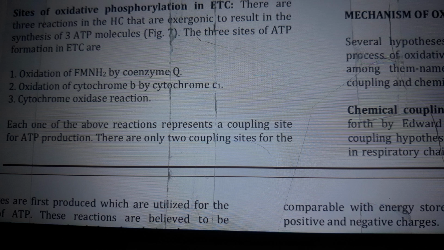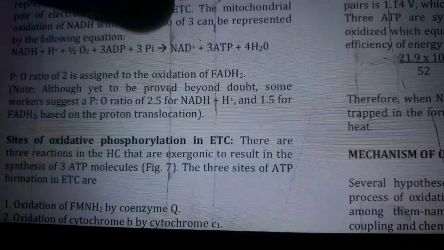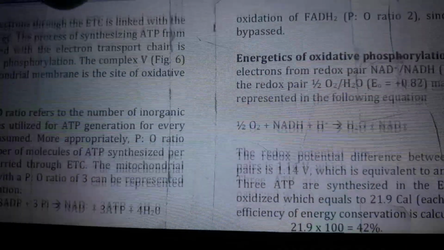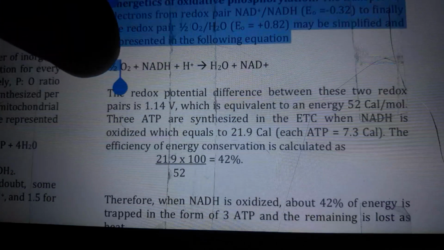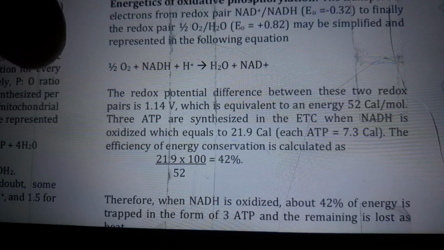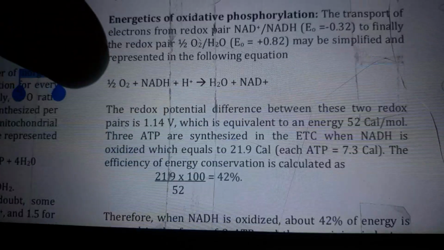Each one of these reactions represents a coupling site for ATP production. There are only two coupling sites for the oxidation of FADH2, P/O ratio 2, since the first site is bypassed.